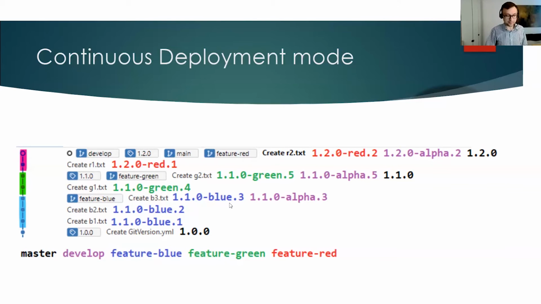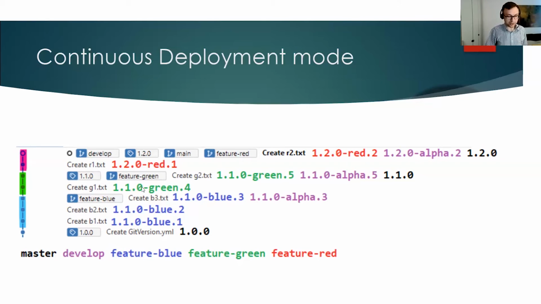And after we do a regular merge to the develop branch, we get this number: 1.1 alpha.3. And .3 is the number of commits since the last stable version. We have all of those added to develop because we did the regular merge, not squash merge.